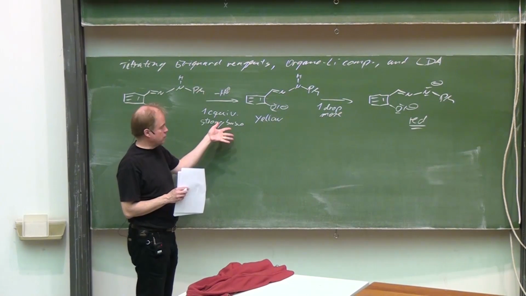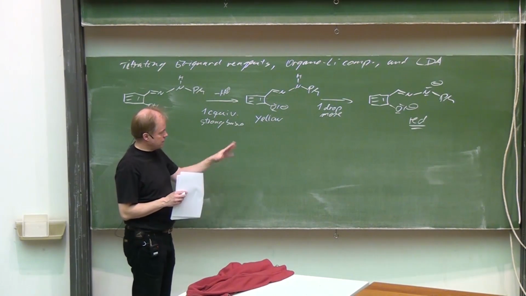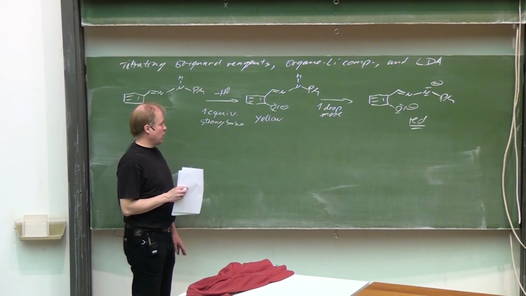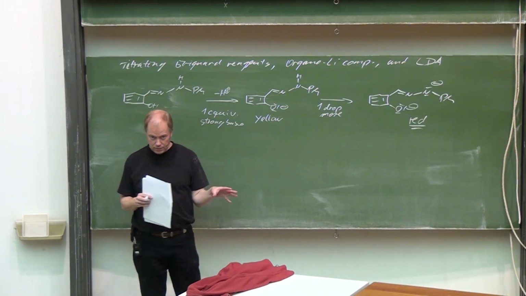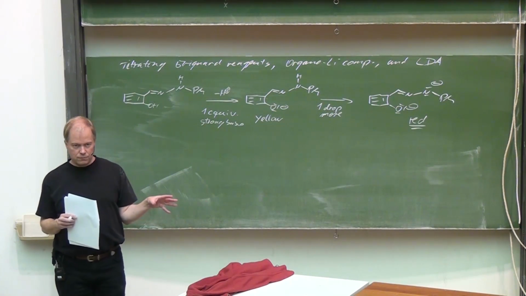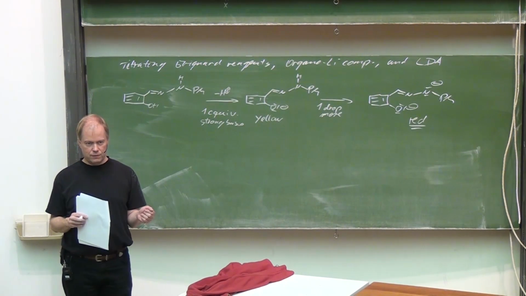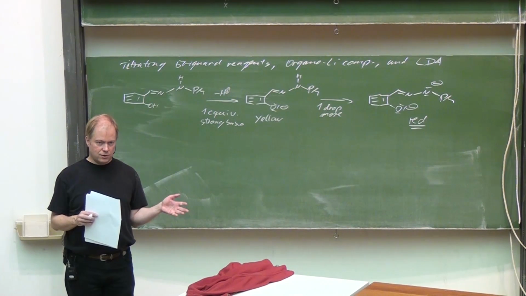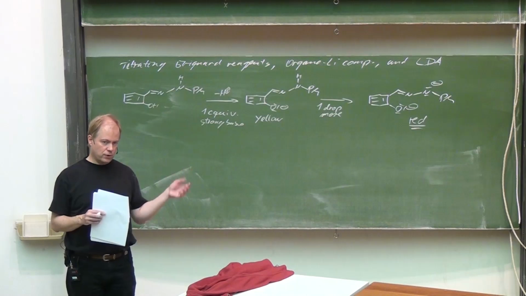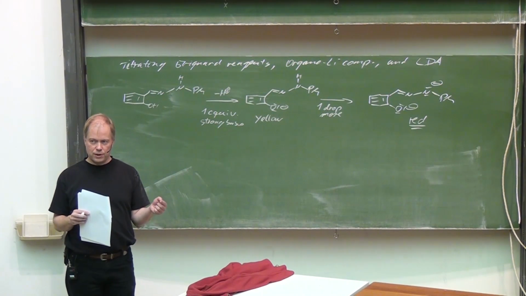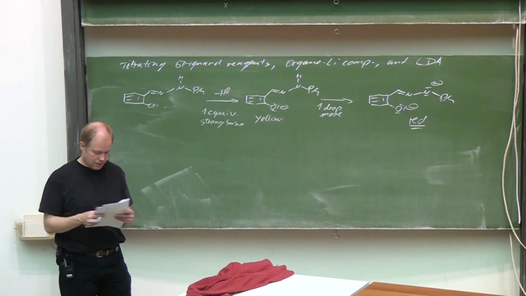You can do that by this operation: first drop, and you have a turning point. Okay, it's not that nice a change from yellow to red. It would be better to have a change from colorless to something. We will see indicators that do that job in the following. However, these indicators don't work with organomagnesium compounds. You need stronger bases to deprotonate those a second time to form the dianion.